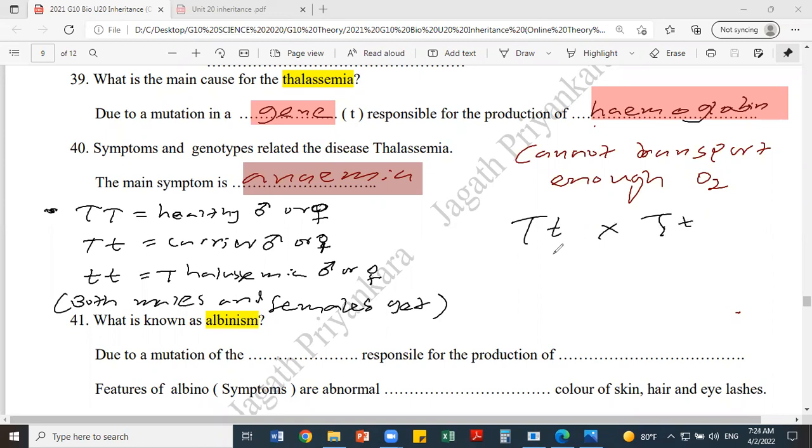So what happens now? Mother is not having the disease, father is not having the disease, but they have a hidden gene, simple T. If the sperm contains simple T and the egg also contains simple T, then there's a chance of a simple T simple T baby, male or female, a thalassemic baby in the family because of the carrier parents. That's why marriages among blood relatives are not good.